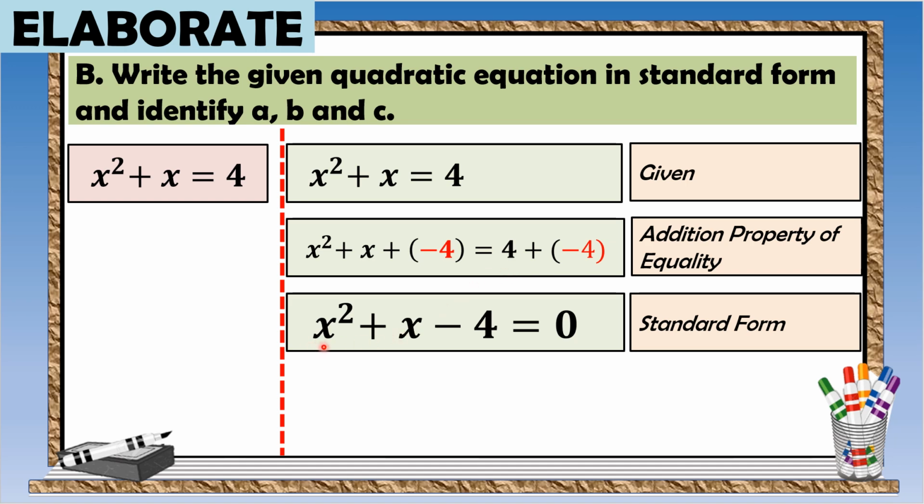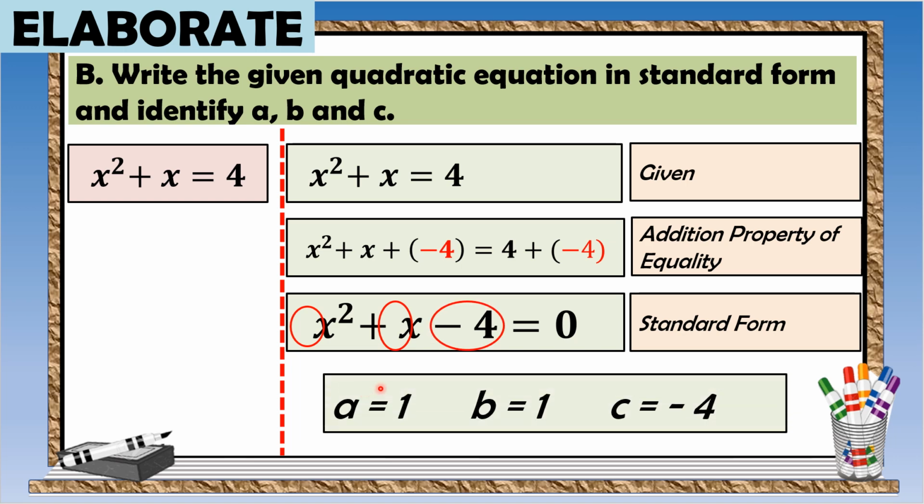We have x squared plus x minus 4 equals 0. Since we have the standard form, let us now identify a, b, and c. A is 1, b is 1, and c is negative 4.